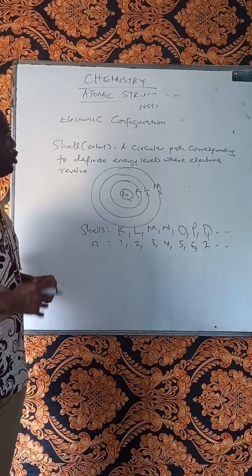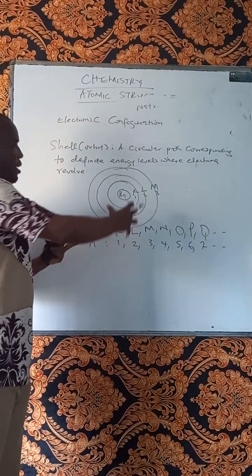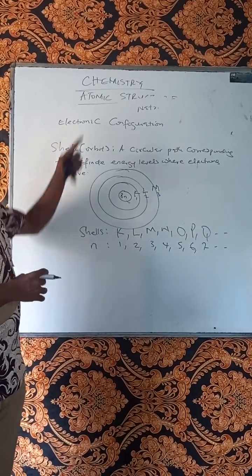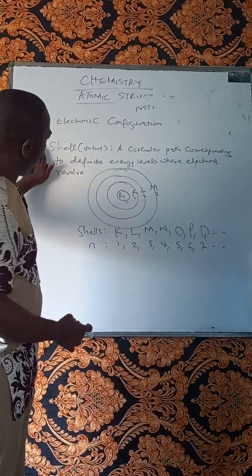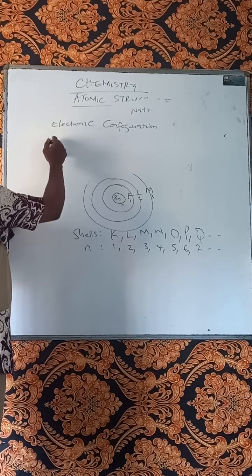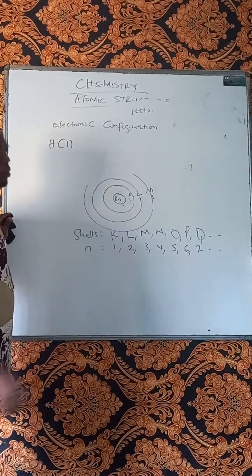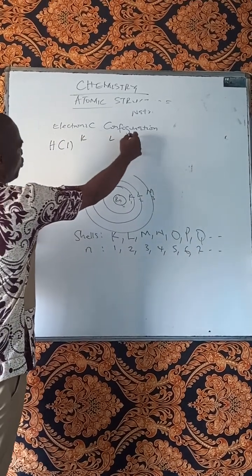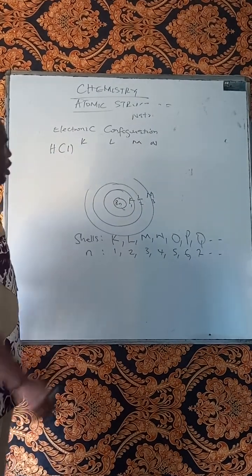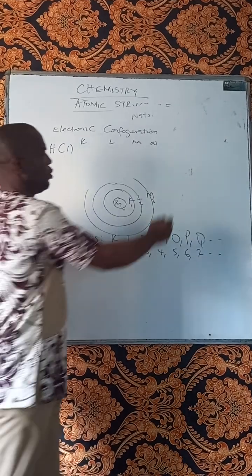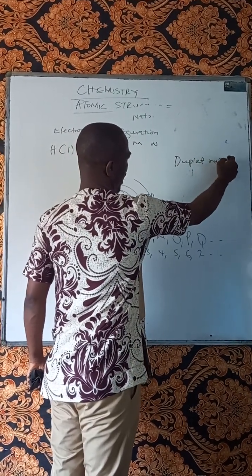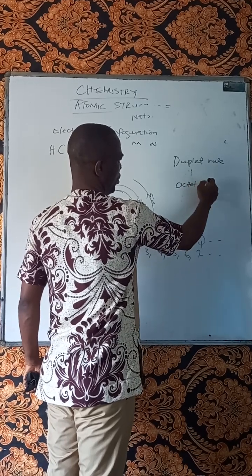Then how do we share? Since we know that electrons are found in the shells, how do we share the electrons? That's what is called electronic configuration. Okay, let us start with hydrogen. Hydrogen, atomic number is 1. When we want to write the EC, we make use of what we call the duplet rule and octet rule.